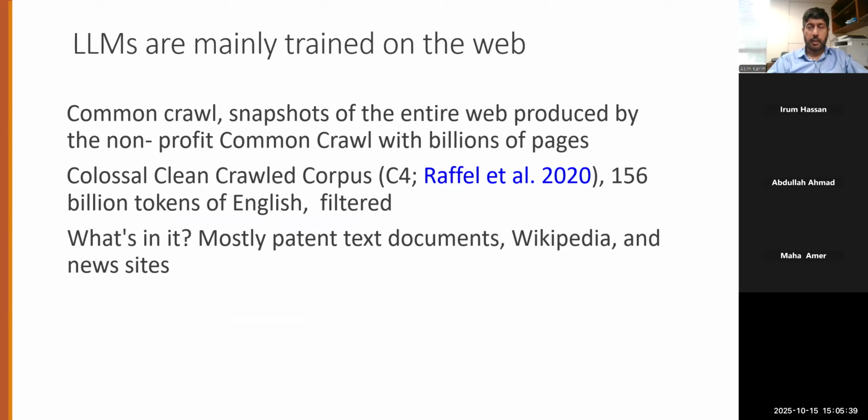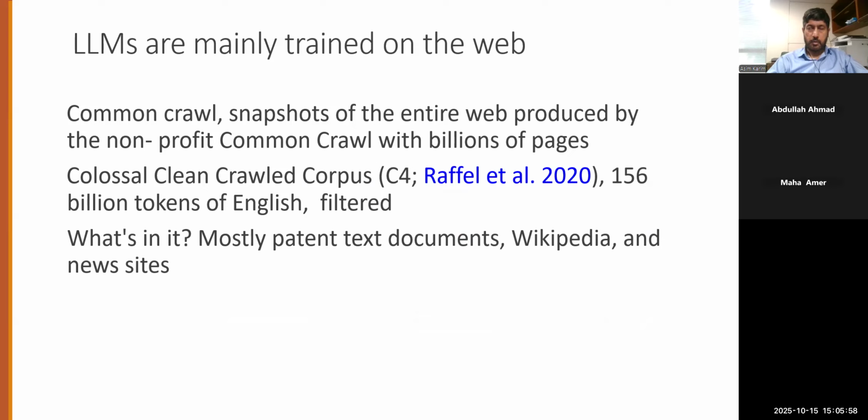This is the crawl of the entire web space. तो मीनिंग दैट जितने भी वेब पेजेस हैं सब कुछ है उसका, ये डंप है. So 156 billion English tokens. So it's a huge corpus.